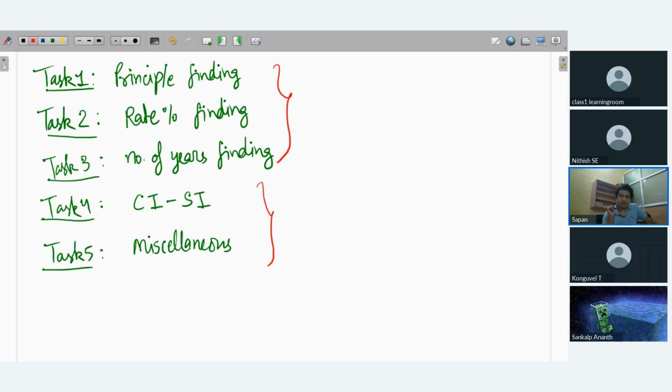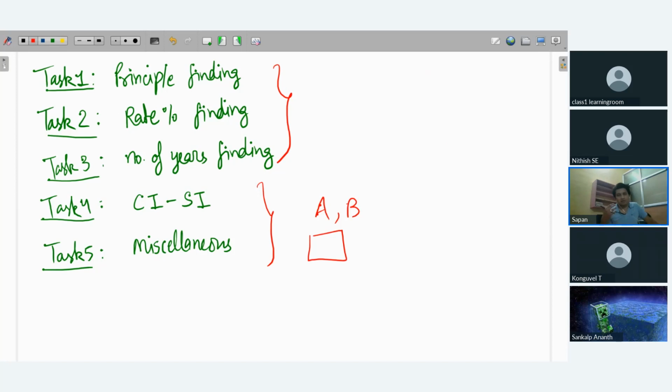Task 5 is the most creative one. One of the cases could be that there is a bank account owned by two people, A and B. A joint account. And they deposit amounts in a different way every year. And every year's rate of interest changes.